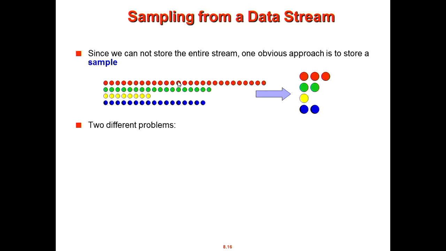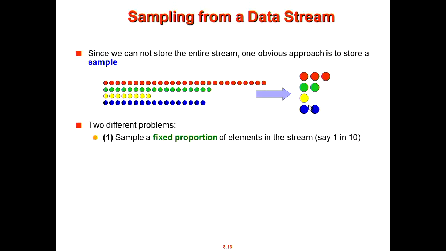For example, the random data stream is like this: we have dots with different colors: red, green, yellow, blue. After sampling, we have much smaller data, but this data can reflect the original data distribution: red, green, yellow, blue. It's roughly the same, not exactly the same.